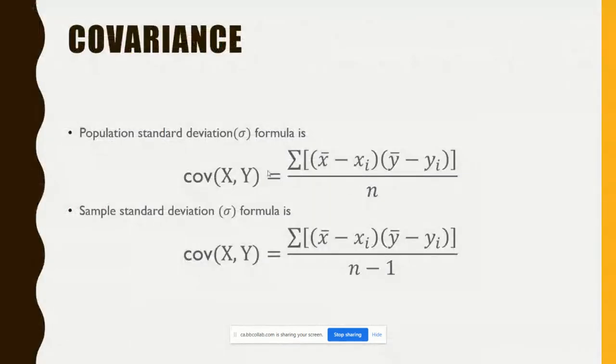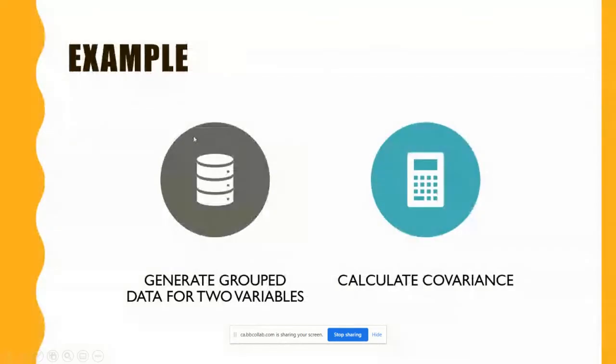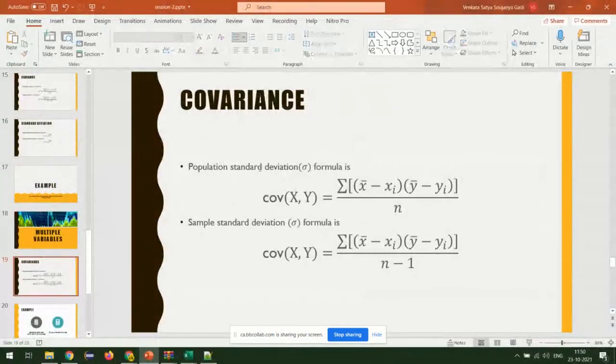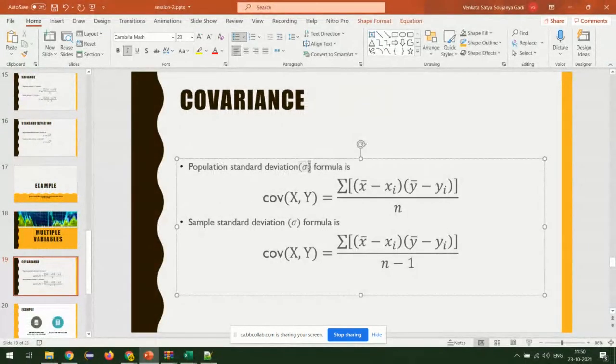So let me calculate. Population covariance, and here we call it the sample covariance formula.